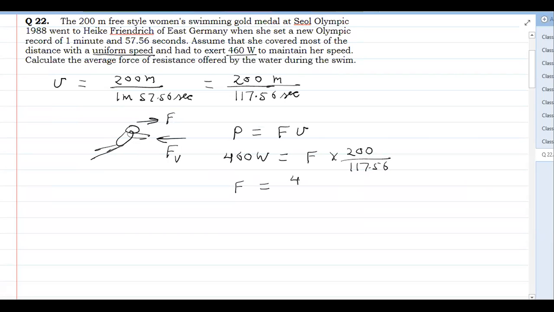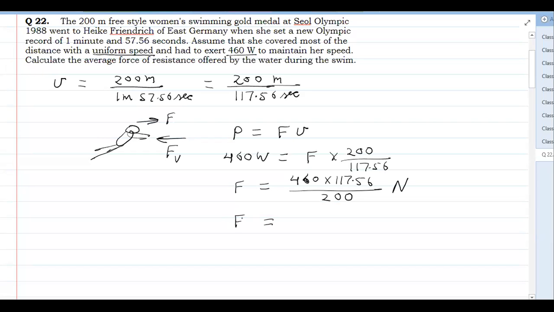That will be equal to 460 into 117.56 divided by 200. So this is the force, in newtons. This is the force applied by the swimmer. The same force will be equal to the viscous force.